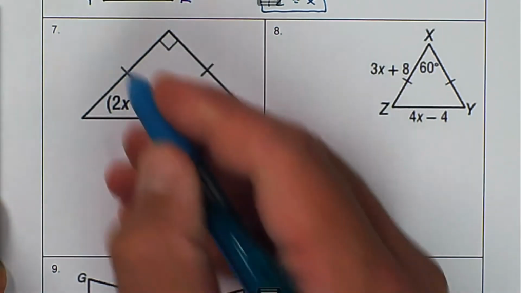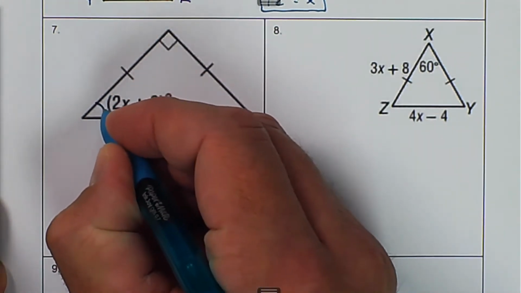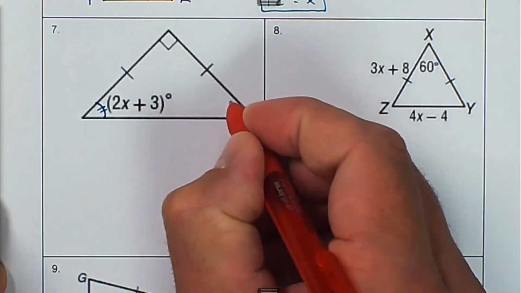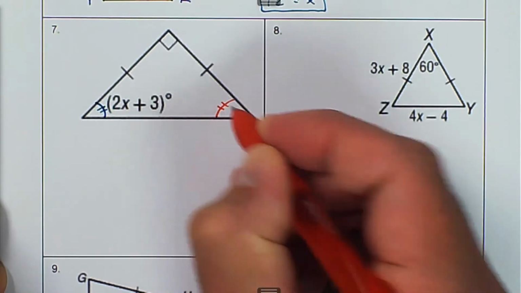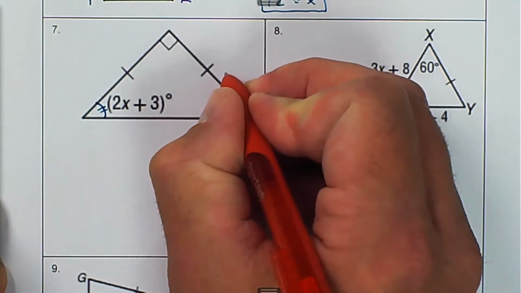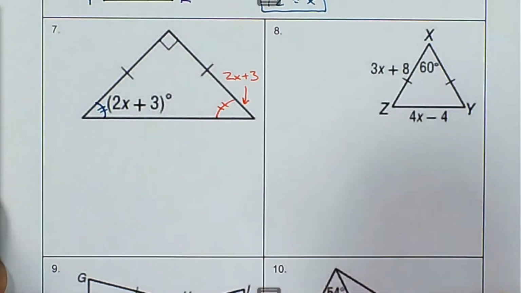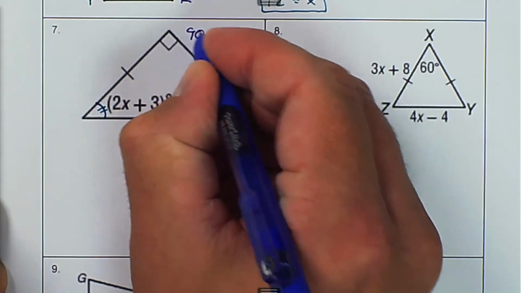So we know that this base angle is congruent to the other base angle. And so we know that this is going to be also 2x plus 3. And then we know that this measurement right here shows that it's 90 degrees.